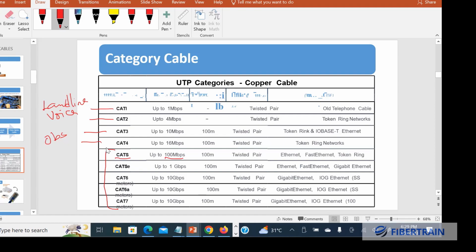So what it means is that if we have a switch here and a PC connecting to this switch with a Cat 5 cable, and we have another PC or maybe a printer connected to another port on the switch using the same Cat 5 cable, and the owner of this PC wants to send a document to the printer in order to print it, at what speed will the document travel from this PC, follow the cable, get to the switch, be forwarded to the other port that the printer is connected to, and follow that port to get to the printer? At what speed should that document move?